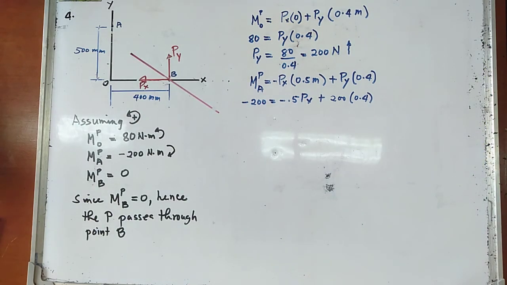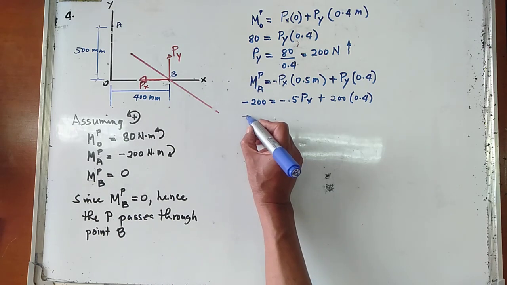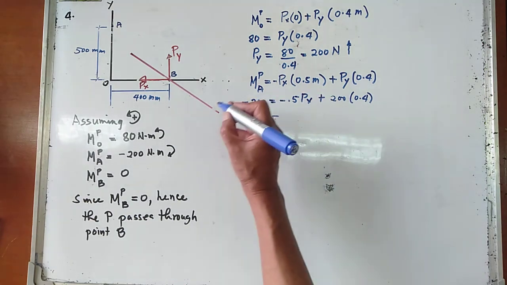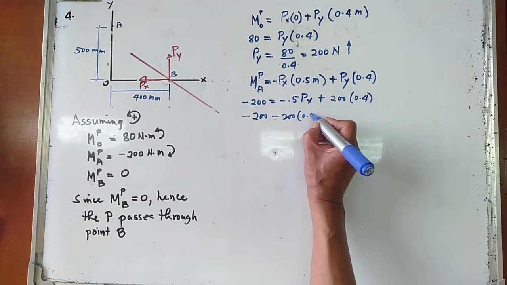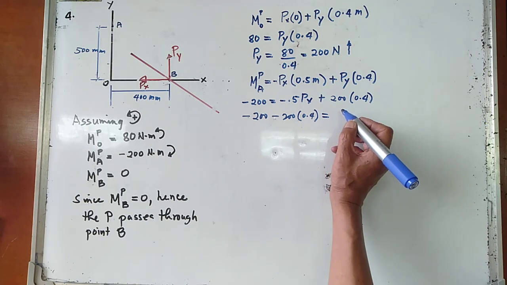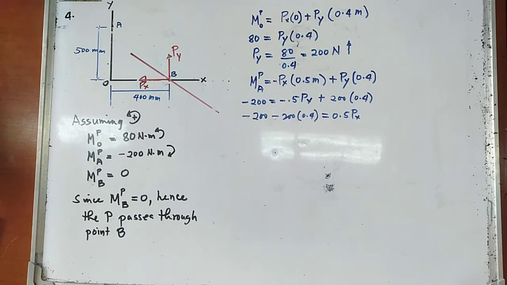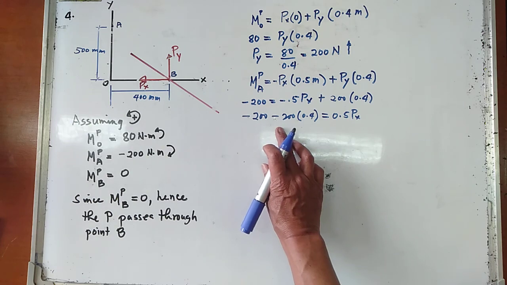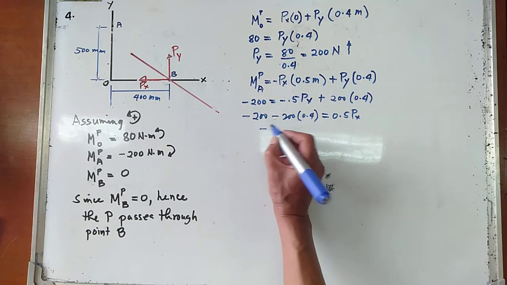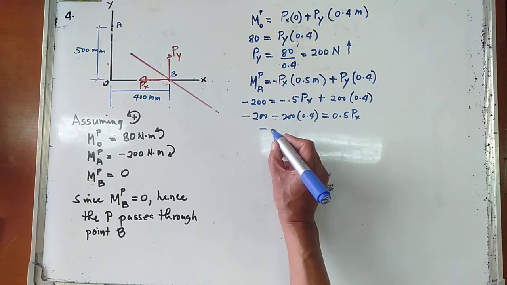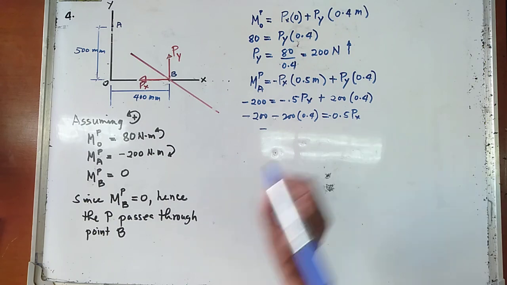So we have minus 0.5 Px. Transposing this, 200 by 0.4 is equal to 0.5 Px, so it's equal to minus 280 is minus 0.5 Px.